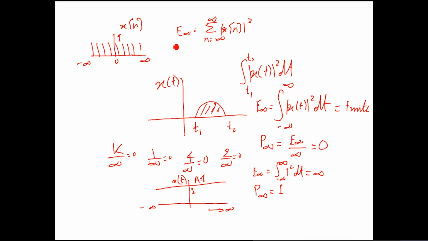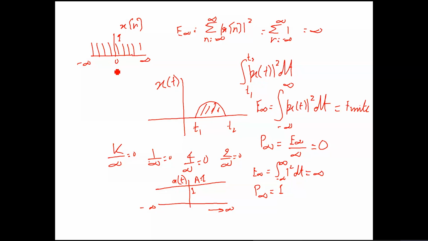What should that summation be? x of n is always 1, so it will be the summation of n equal to minus infinity to infinity of 1. Summing up infinite numbers of 1, the value would be, come on, is that so difficult? Infinity. Because we are not trying to sum up finite values.